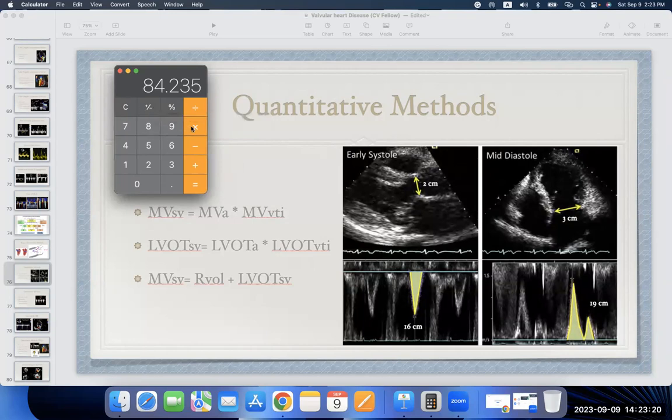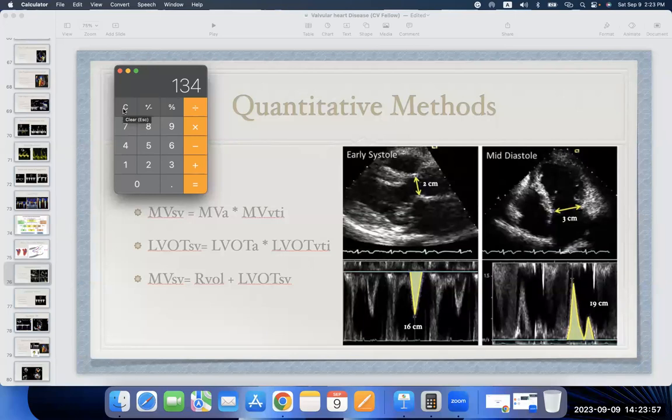Then we can calculate the regurgitant fraction.